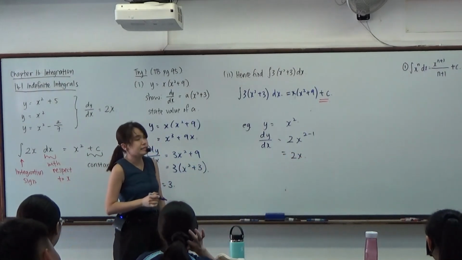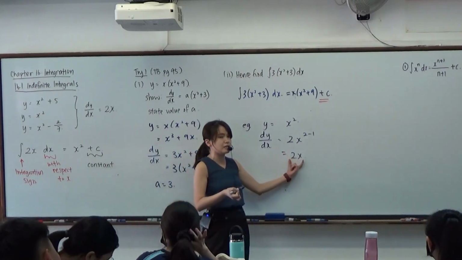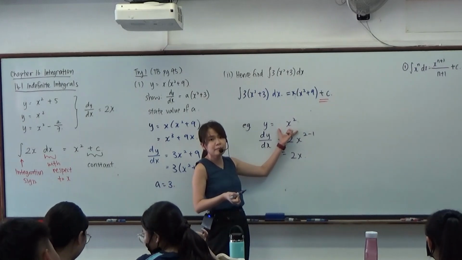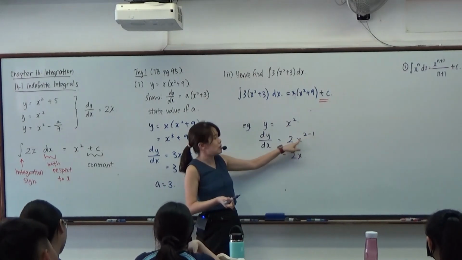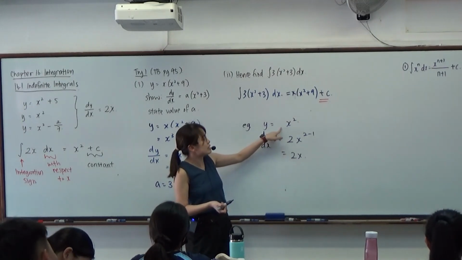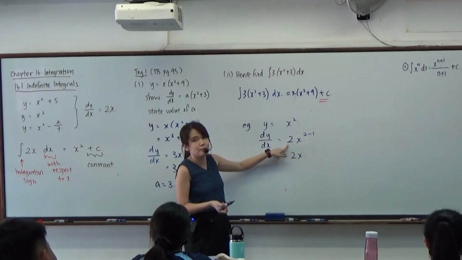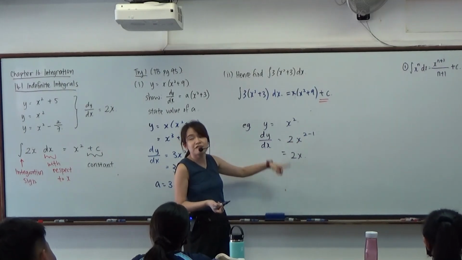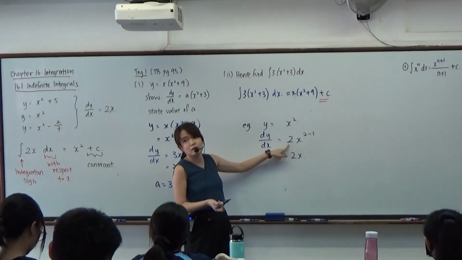We recognize integration as the opposite of this process. That means if I want to get 2x back to its original form, our power needs to add 1, and we need to divide away the 2. Agree? Because when we did our differentiation, we minus 1 from the power and we multiplied by 2. So in the reverse, we need to do plus 1 and divide away the 2.